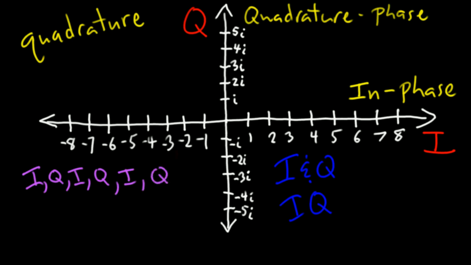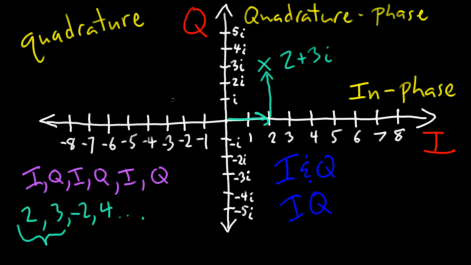And let's say the first I was 2, and then the next Q was 3, and then the next I was -2, and the next Q was 4, and so forth. If that were the case, then you could think of this first I and Q being a complex number 2 plus 3i.